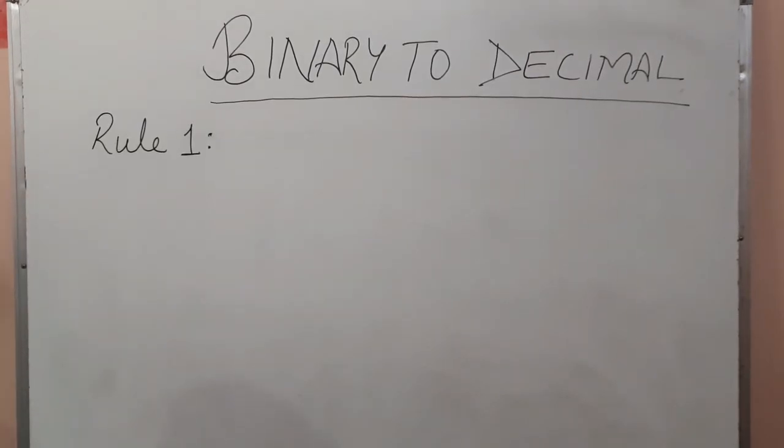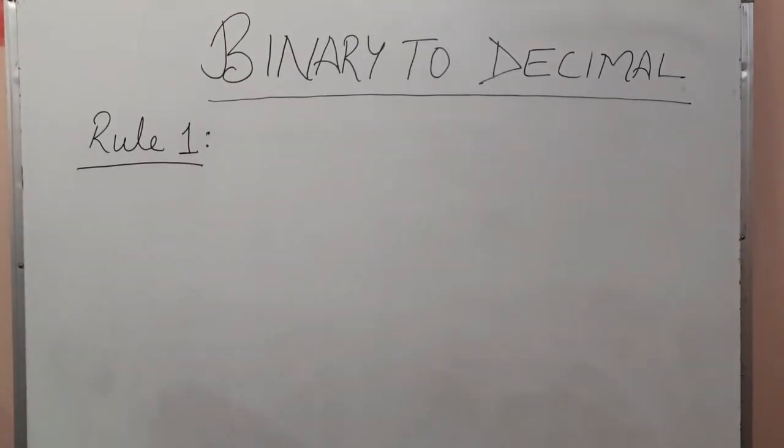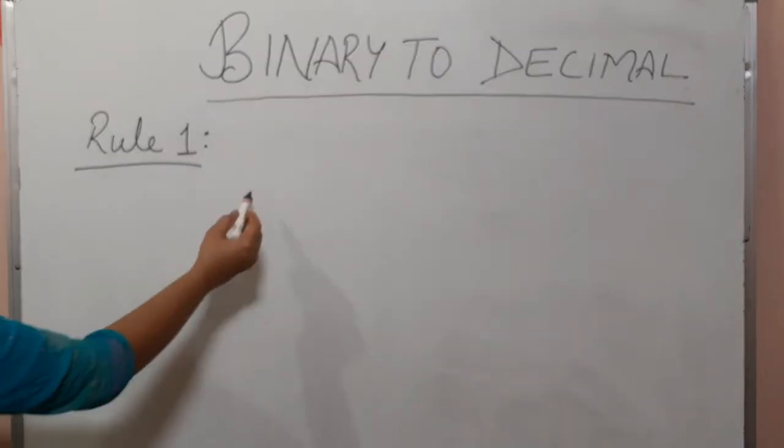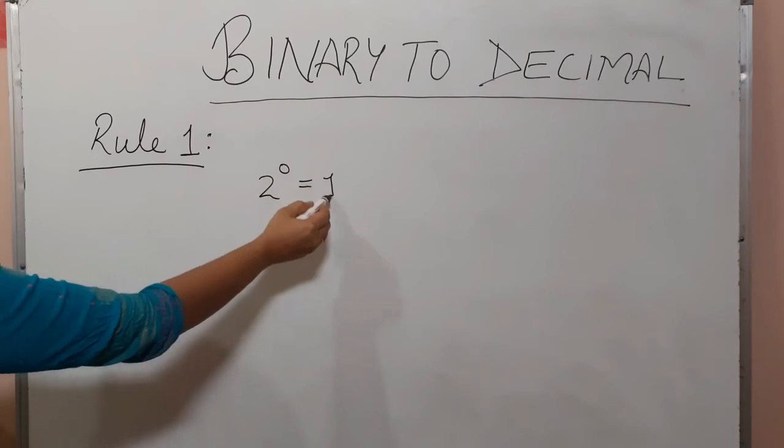Now how to find the values of such numbers which are having power? For finding such values we have to use these rules. Rule number 1. Any number with power 0 is equal to 1. For example, if 2 is having power 0, value will be 1.